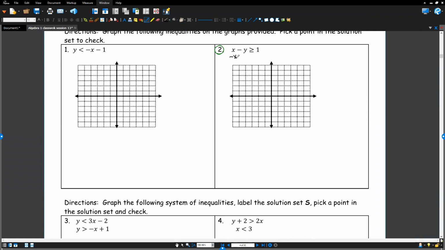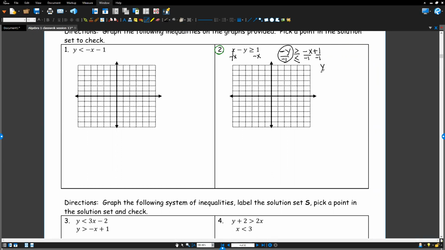Minus x, negative y is less than or equal to negative x plus 1. At this time, I'm going to divide by negative 1, or multiply by negative 1. It doesn't matter, okay? Divide by negative 1, but the direction will be the opposite way.